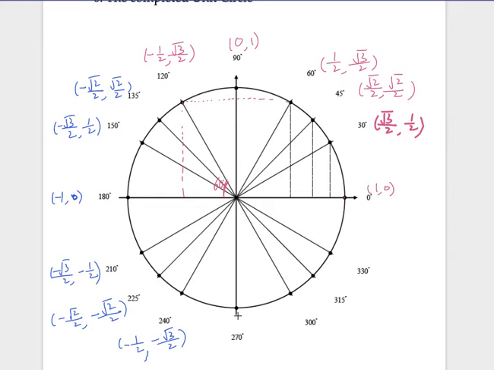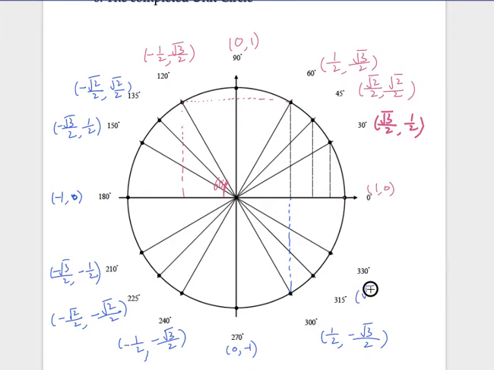And next, 270, we already know that, which is (0, negative 1). Continue with 300 degrees. 300 degrees is the same as 60. This time, x will stay the same. Let's draw a little line here. x will stay the same, but y becomes negative. Again, students, if you notice the pattern, 60 degrees is the reference angle for 300.